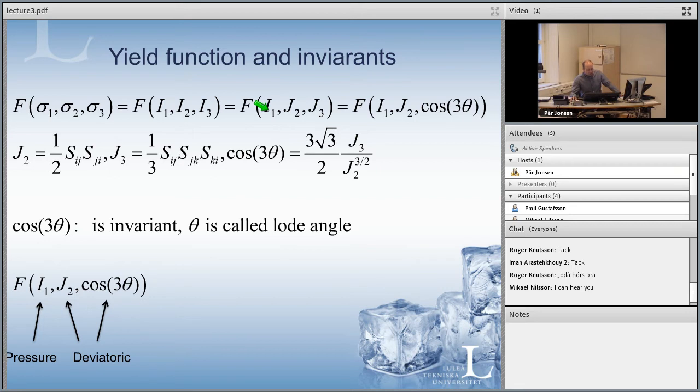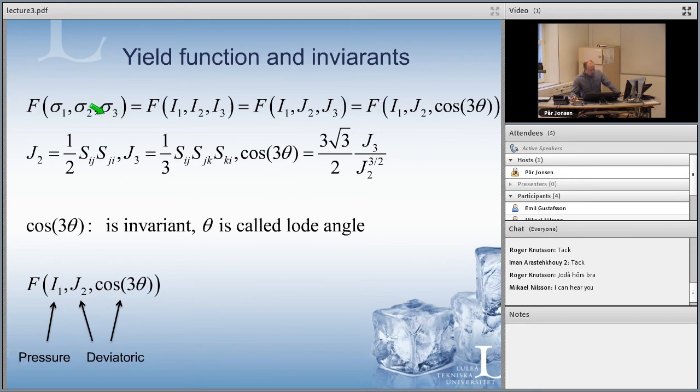This is a combination of J3 and J2, like this. And we call this one theta. It's the Lode angle. I will show you what it is actually. It will give you the direction in the deviatoric plane. I'll come back to that later when I show you the coordinate system. This is described in the book also. It's not so bad as it looks.